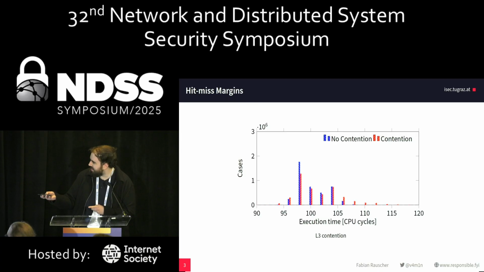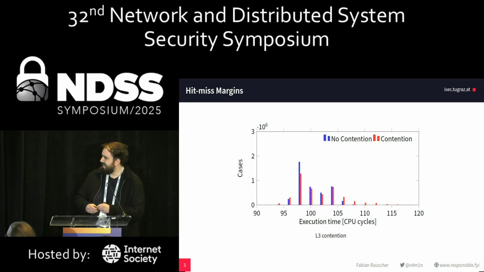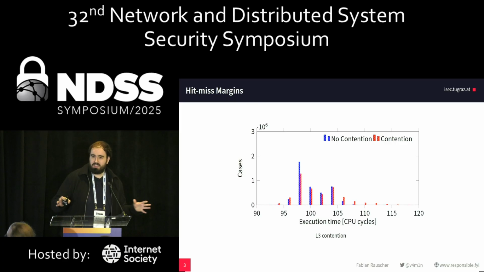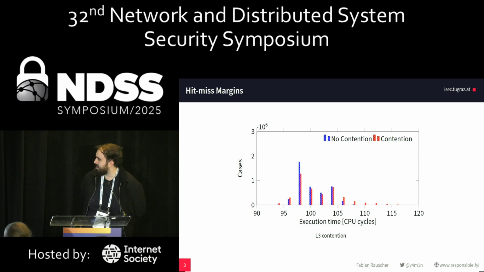It's this part up here in red. Presumably, this is some sort of contention, and for some reason, CL-Demote apparently accesses the L3 without having to do anything. We're not sure about the actual reason for this, but we can detect operations even other cores do on the L3.